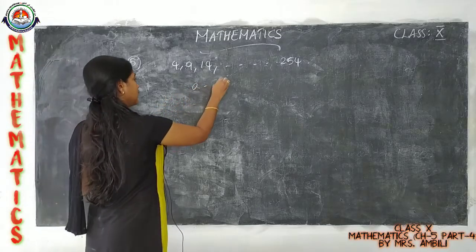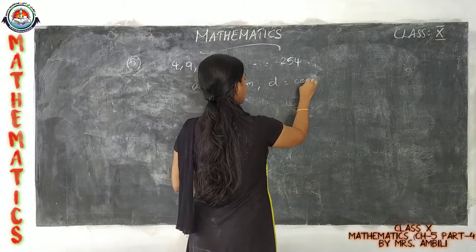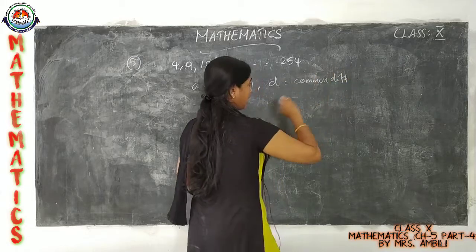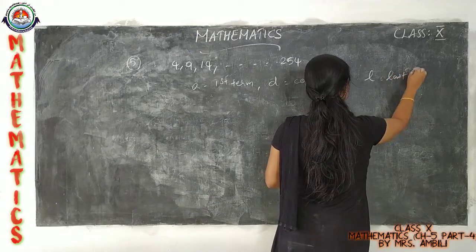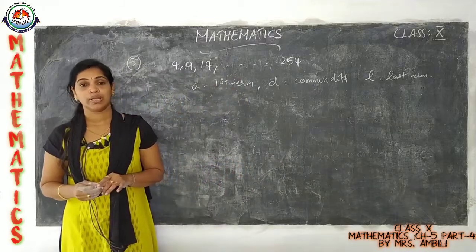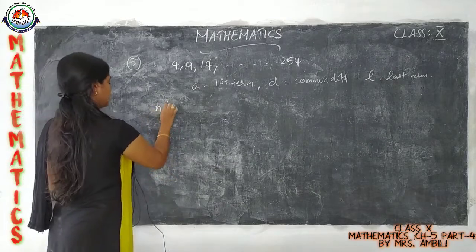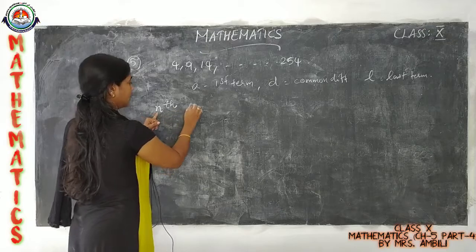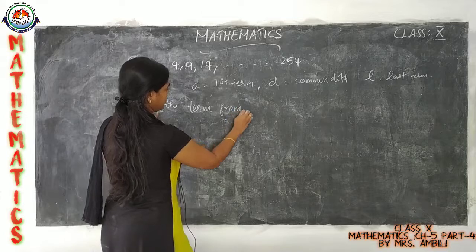A, first term, D, common difference of the AP, and L, you can consider the last term of the AP. So using this we can form a formula. So write it: nth term from the end.